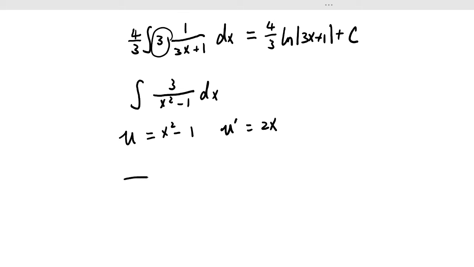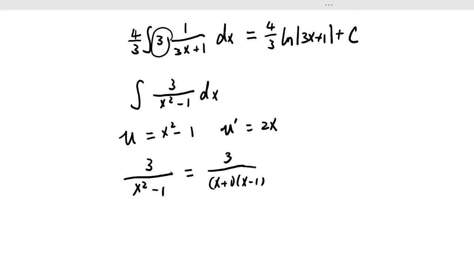I'm going to copy the same fraction right here, x squared minus 1. So what I'm going to do is first factor. x squared minus 1 is a difference of squares, x plus 1 times x minus 1.